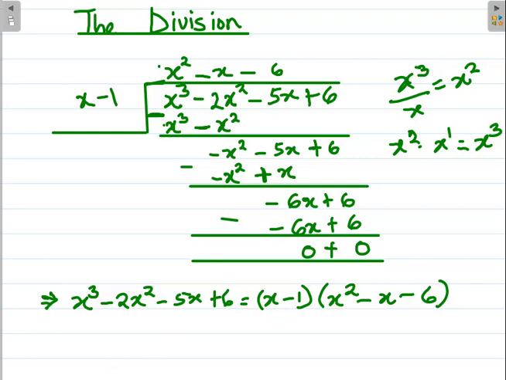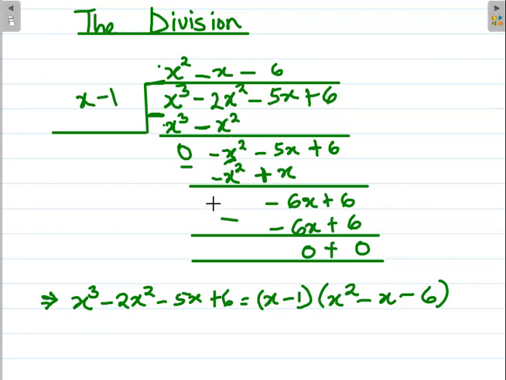Now, as usual with long division, you subtract. So we are going to subtract here. Look at our subtraction sign. x to the power of 3 minus x to the power of 3 is 0. Then minus 2x squared minus x squared is minus x squared. So that is how we got minus x squared right here.